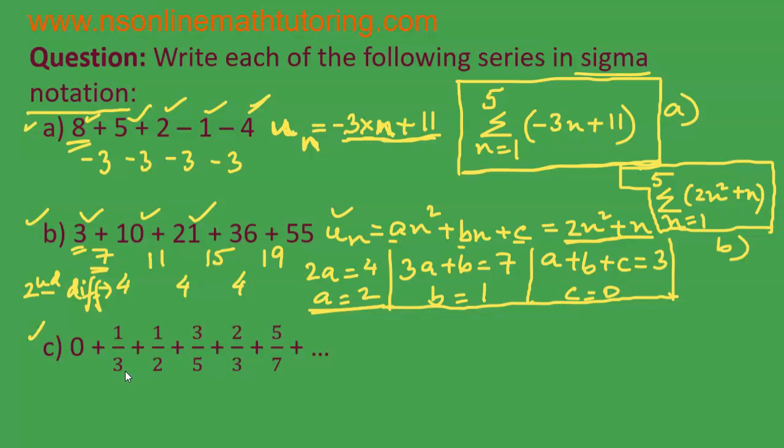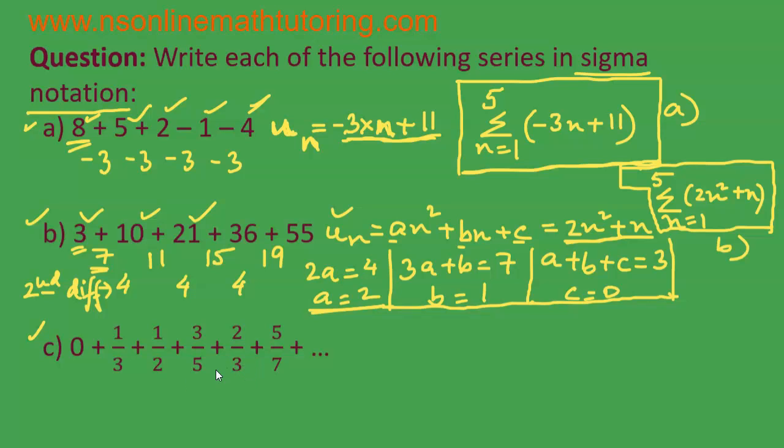What about the denominators? 3 coming down to 2, again to 5, then again to 3, then to 7. But one thing I'm seeing, 3, 5, 7. And if we take the alternate terms, it is 2. I can take 0 as 0 over 1.